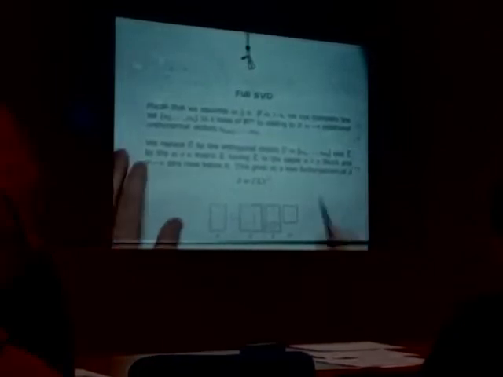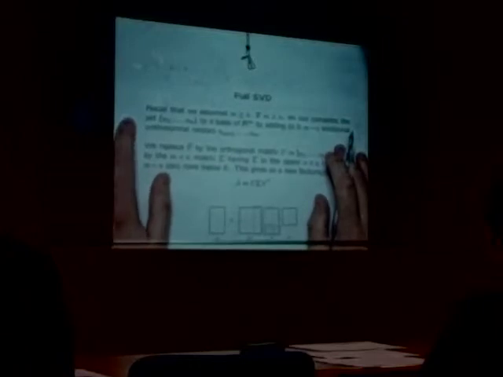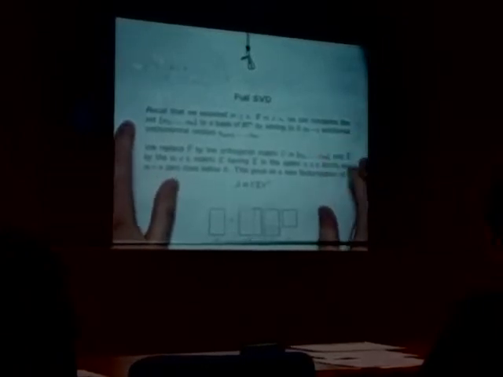Right? So how does it work? So the result is the following. So we can write A. Well, first of all, let's look at the element ij of A. So this is equal to U sigma V transpose, element ij.